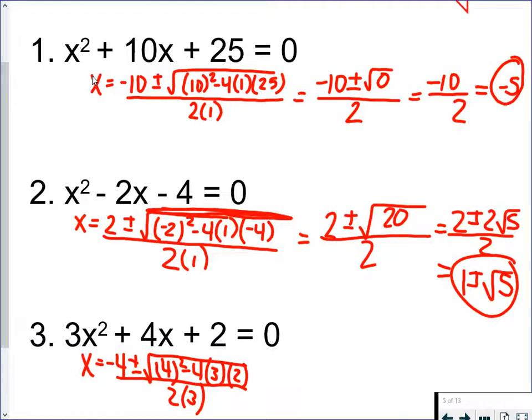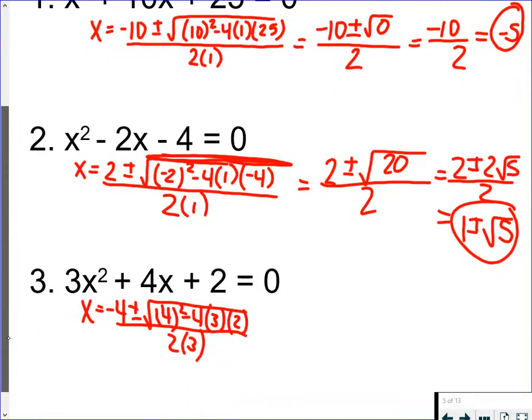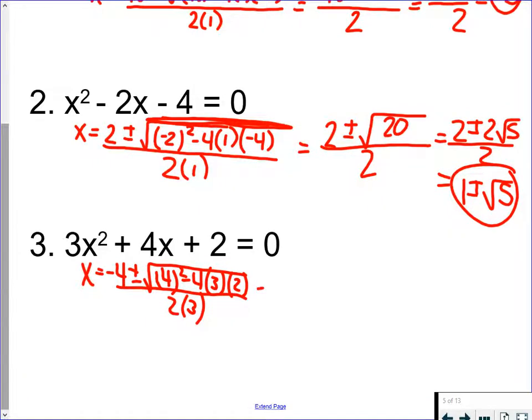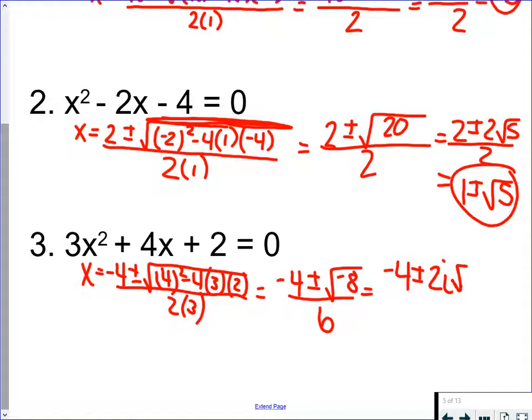Interesting, okay? And number 3, what did you end up with inside the radical there? Negative 8. Okay, we reduce that, we get negative 4 plus or minus 2i root 2 over 6.